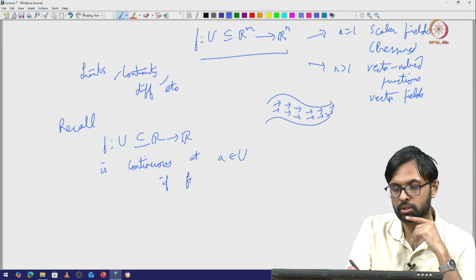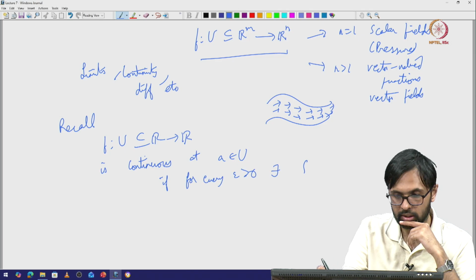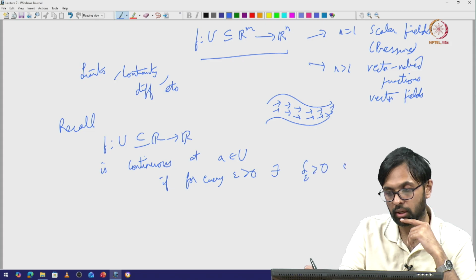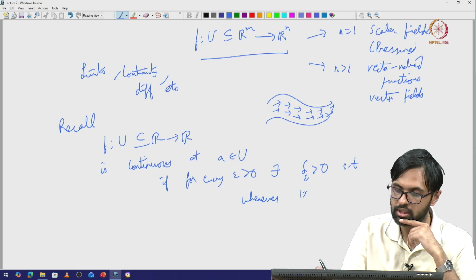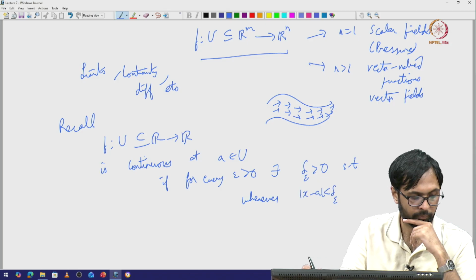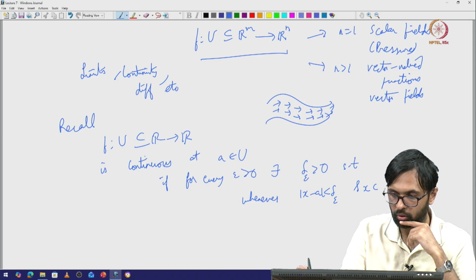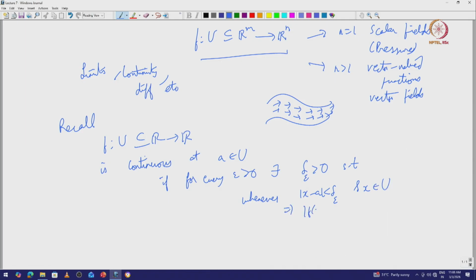If for every epsilon greater than 0 there exists a delta, which depends on epsilon, which is greater than 0, such that whenever x is delta close to A and in U, then f of x is epsilon close to f of A. Meaning you can make f of x as close to f of A as you want by making x close enough to A.